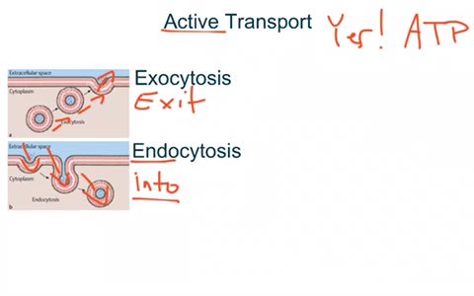And if you remember, the important part to remember for exo and endocytosis is it uses a vesicle. And a vesicle is the same package that the Golgi Apparatus makes, and it is also made of a phospholipid bilayer. Okay, it's made out of the same type of membrane that surrounds the cell.